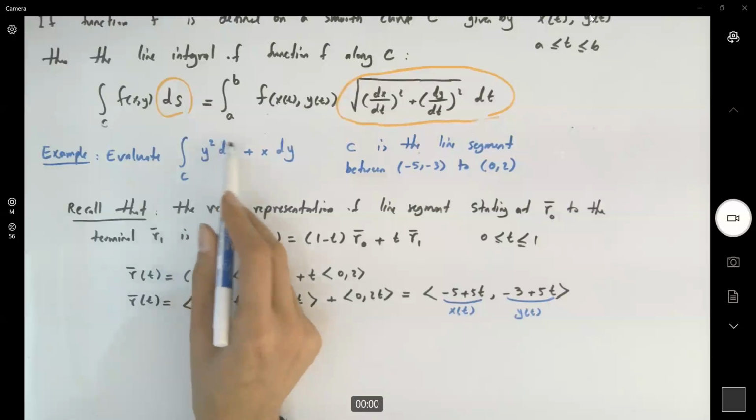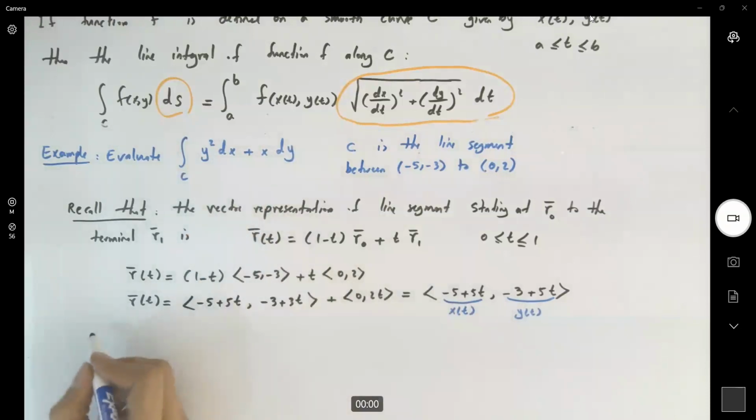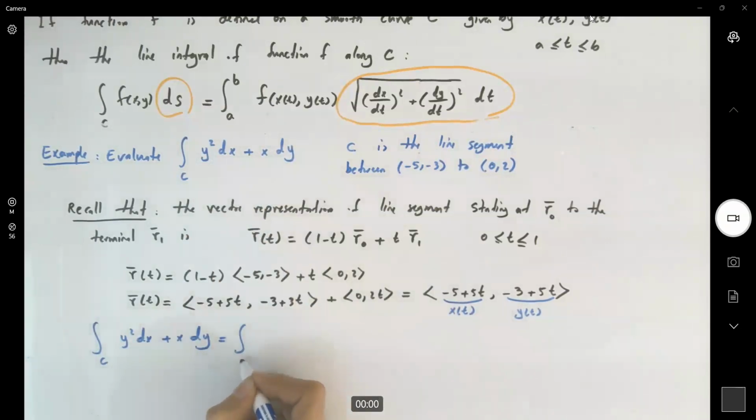So this is your integral. You need to use x(t), y(t), the parametric equations, and substitute them here. So the line integral over C of y squared dx plus x dy is equal to, here you have t, which is bounded between 0 and 1.